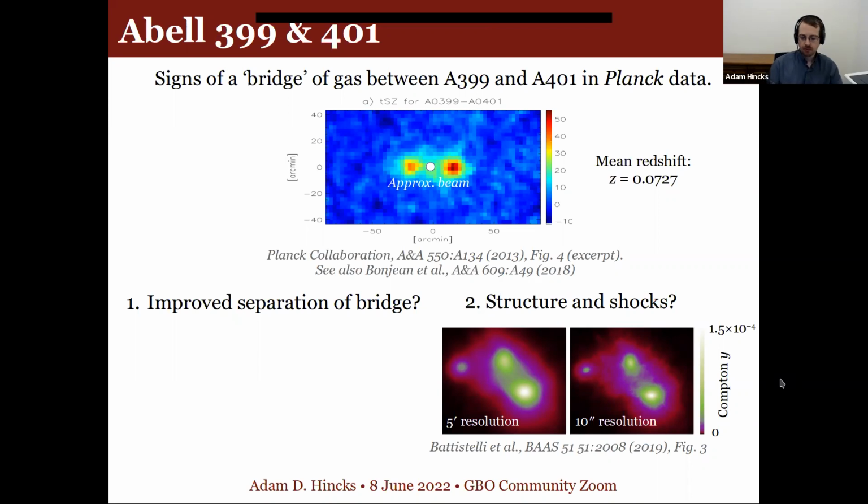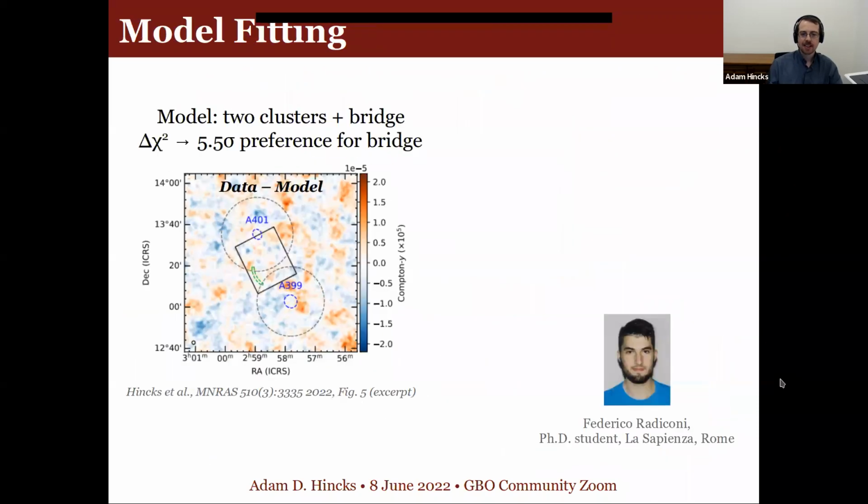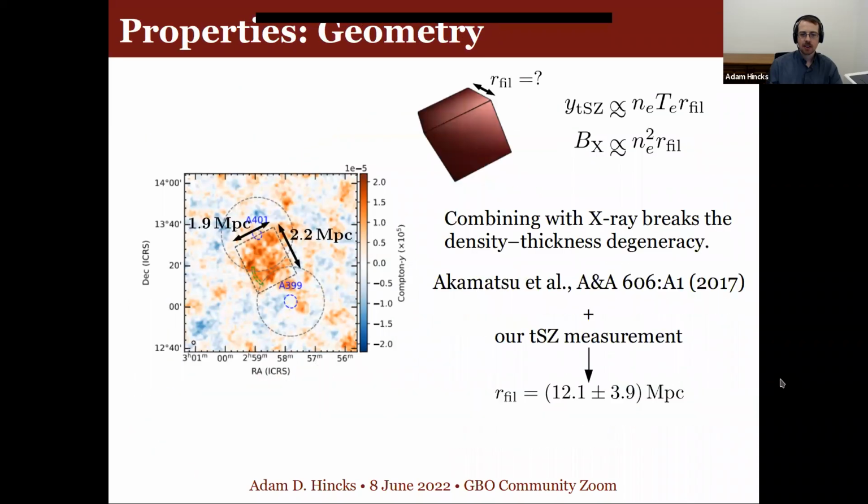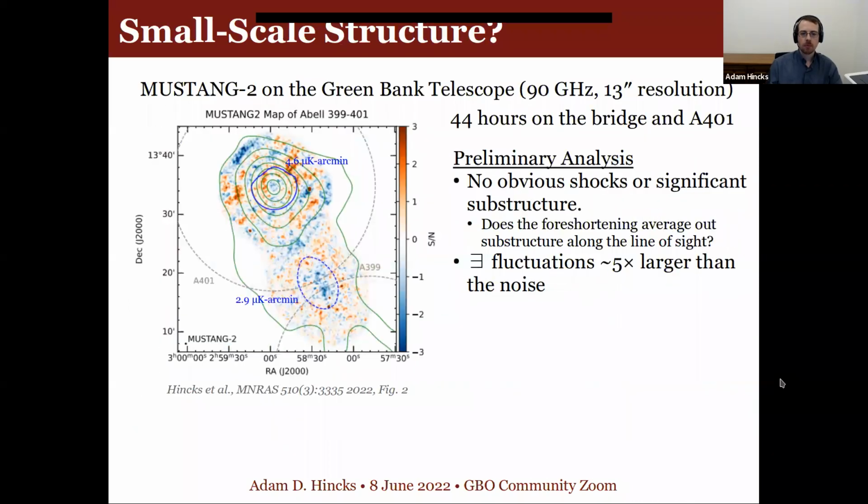The questions keep coming in, but let's see. I've noticed in the Mustang map of Abell 401, there doesn't seem to be a strong SZ detection of the main cluster. Is the main cluster subtracted in the Mustang map? That's a really good question. This map is at about a 13 arc-second resolution.